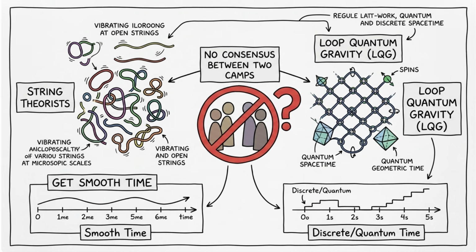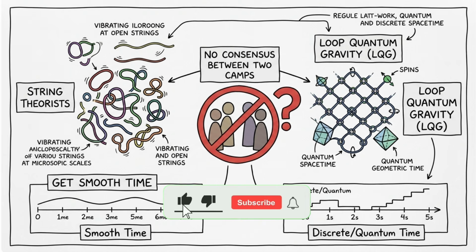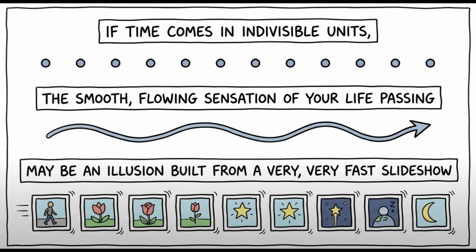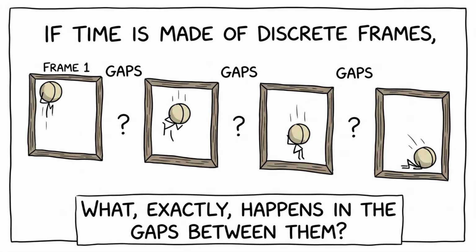String theorists, working from a competing framework, get smooth time, and no consensus exists between the two camps on which, if either, is correct. If time comes in indivisible units, then the smooth, flowing sensation of your life passing may be an illusion built from something closer to a very, very fast slideshow. If time is made of discrete frames, what exactly happens in the gaps between them?